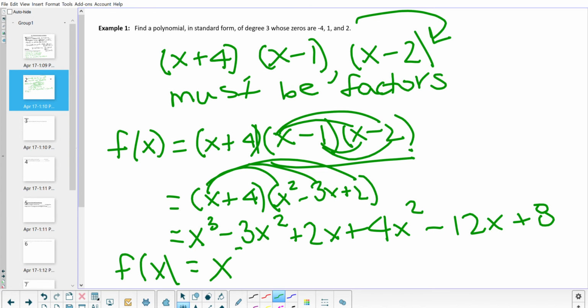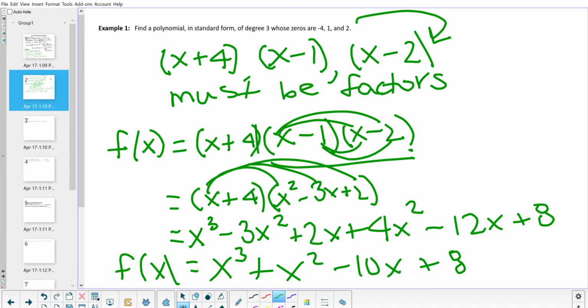So x cubed plus x squared minus 10x plus 8. Okay, so that is standard form, a polynomial with these three factors distributed.